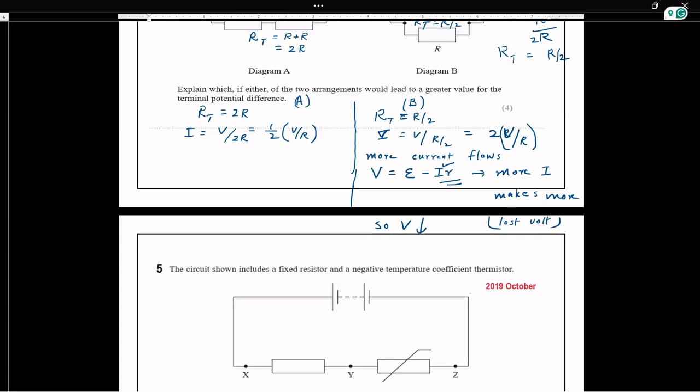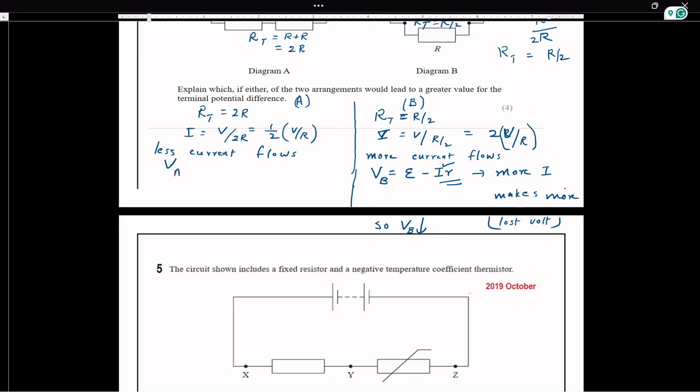Whereas what is happening in the second circuit, I'm just going to call it VB. Compared to B, less current, half of V by R only, is flowing. So here less current flows. Less current flows means the terminal PD is E minus IR.